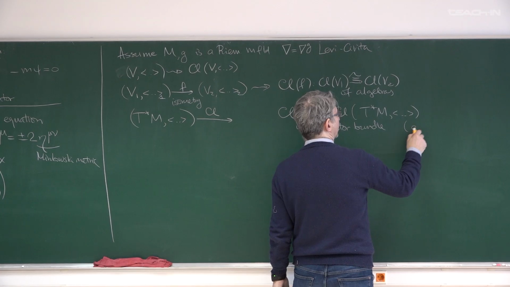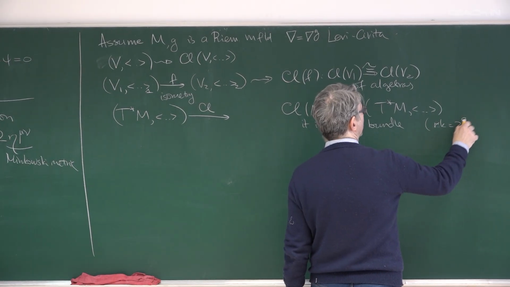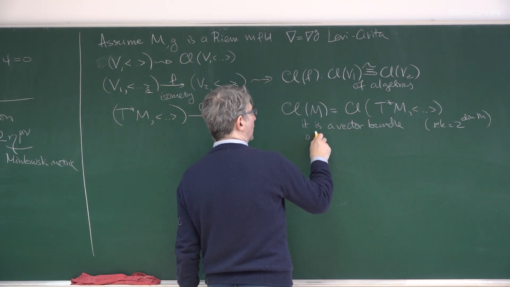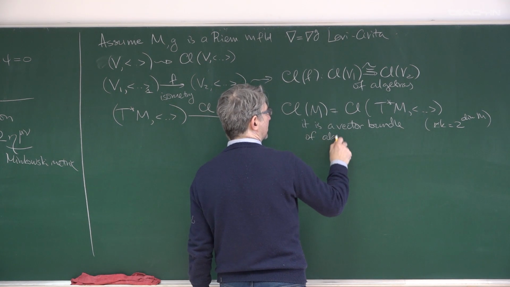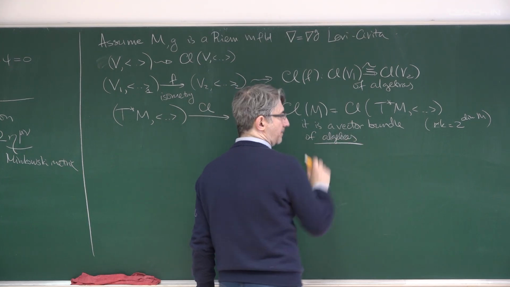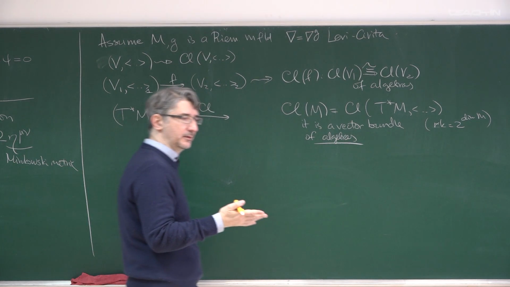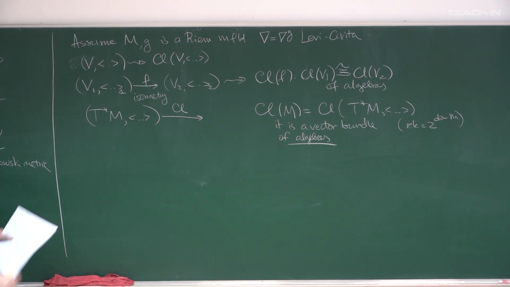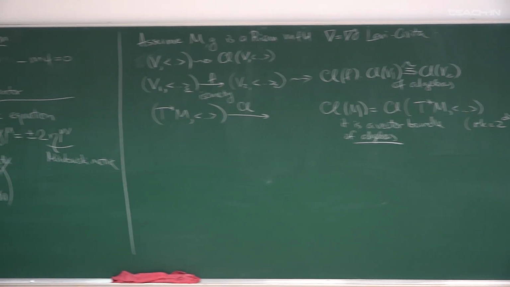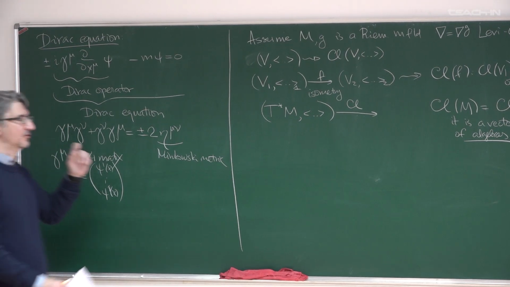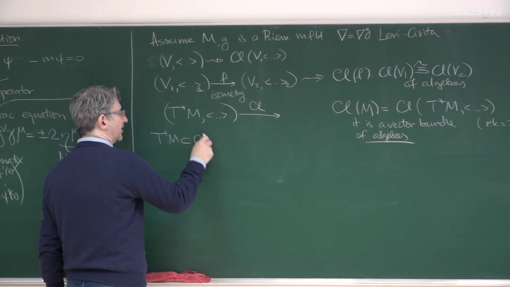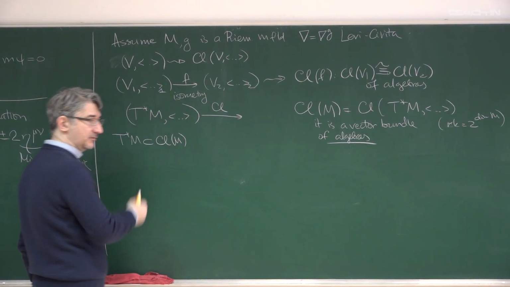Yes. The rank is equal to 2 to the power of the dimension. But it's not just a vector bundle, it's a bundle of algebras. And the fiber-wise multiplication is continuous and so on. So you can consider sections, multiply the sections, and so on. A very important thing: it is a substitution for the collection of gamma mu. Because inside this object, the cotangent bundle sits as generators.